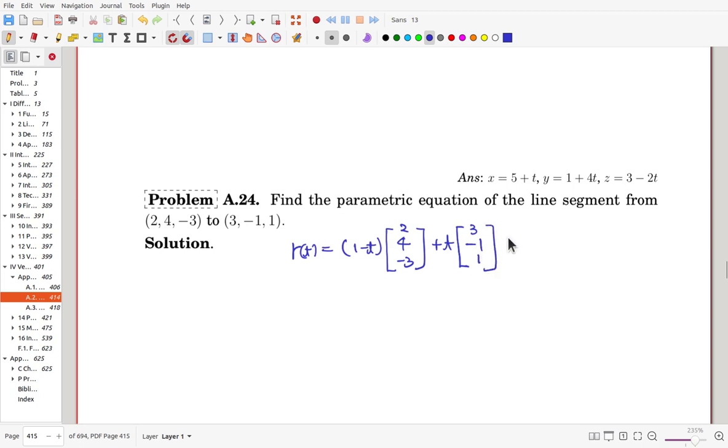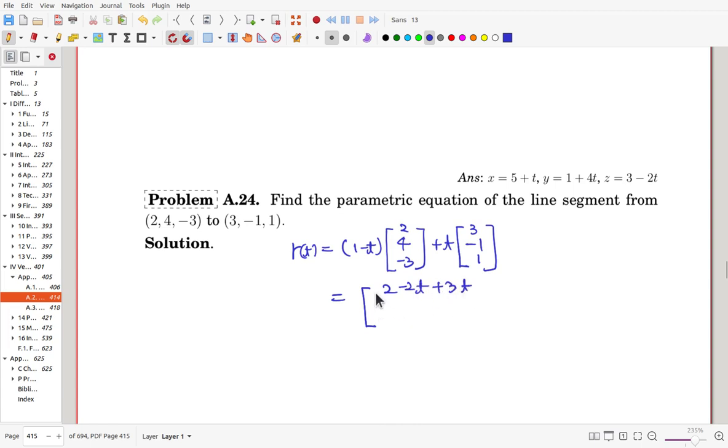Okay, so we try to rearrange it. For the first one, twice of 1 minus t, that is 2 minus 2t, plus 3t. Let's write it in this way: 2 minus 2t and plus 3t.